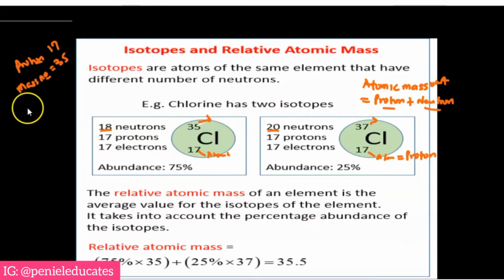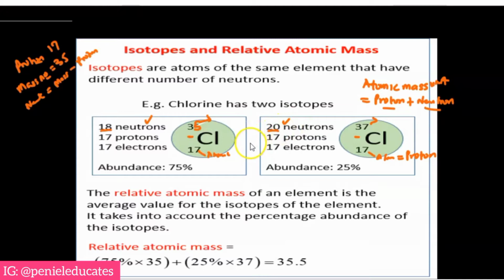Our neutron number will be the mass number minus the number of protons, because the number of protons plus the number of neutrons gives you the mass number. So 35 minus 17 will give you 18 neutrons. Then 37 minus 17 is going to give you 20 neutrons.